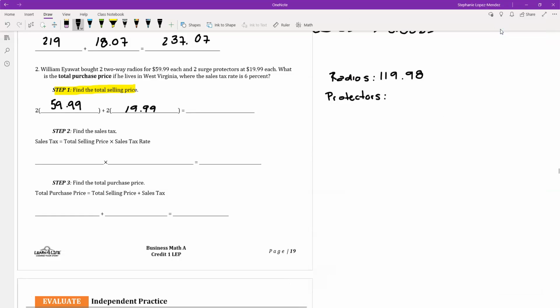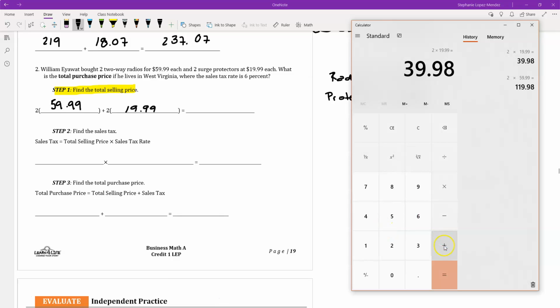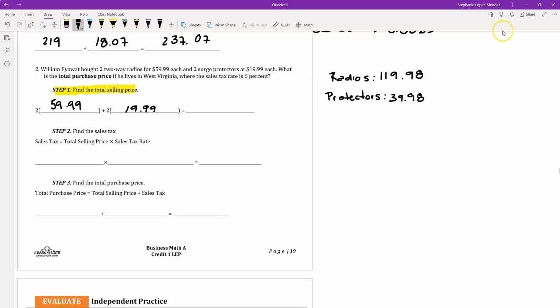That's 39.98. Now what I have to do is add both of the totals. That gives me a total of 159.96. So I just found my total selling price.